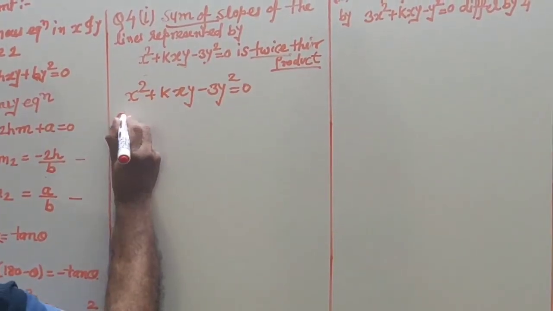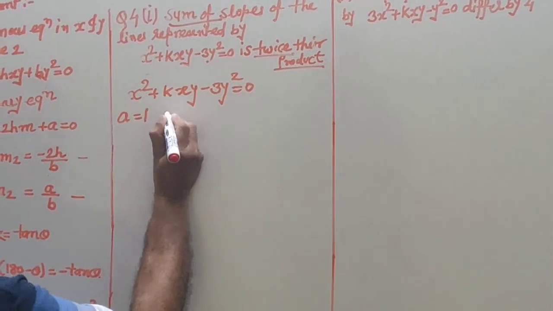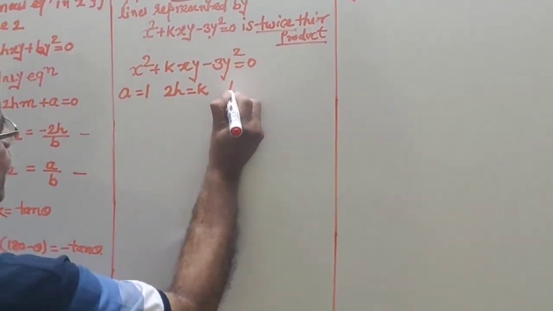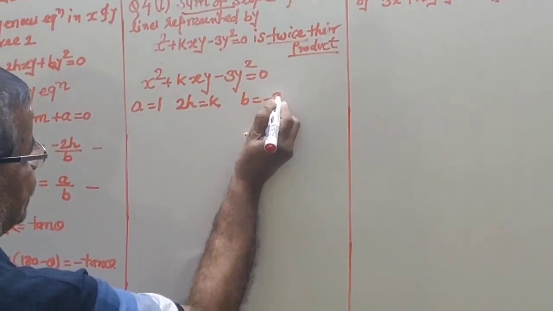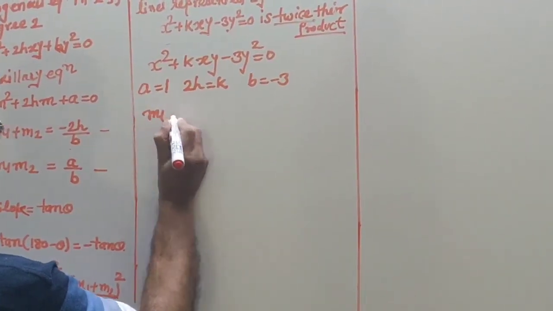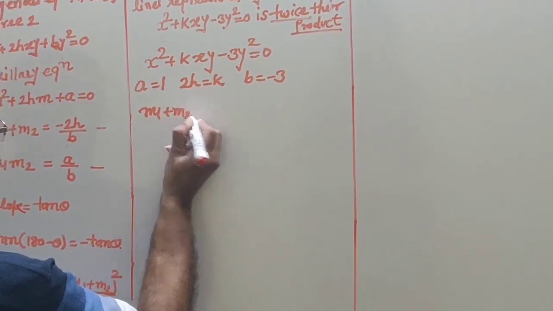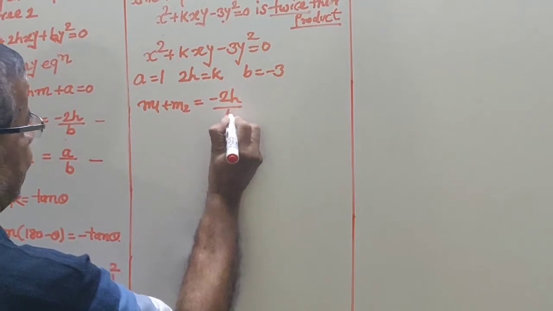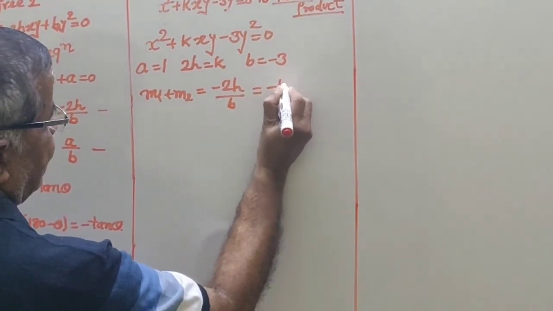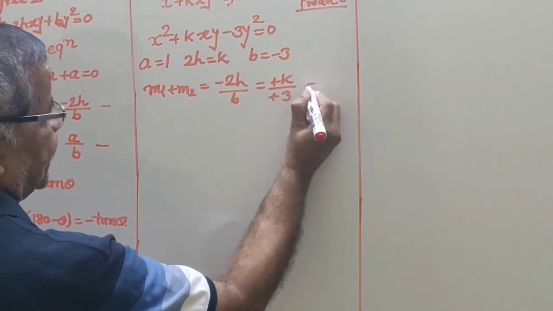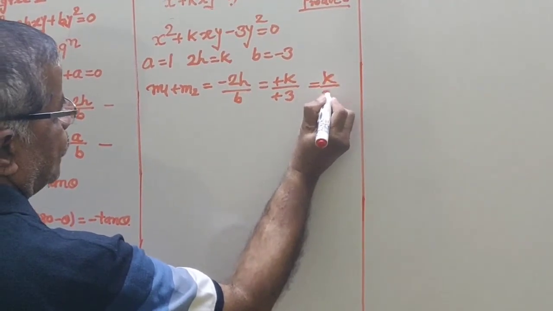The value of a is 1, 2h is equal to k, and b is equal to minus 3. Now I can find m1 plus m2 is equal to minus 2h upon b, means minus k upon minus 3. This minus will get cancelled, I will get k upon 3.